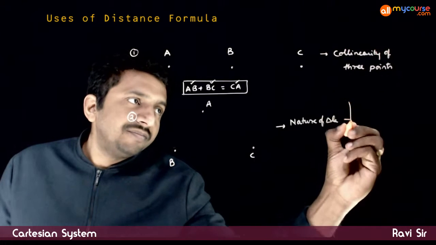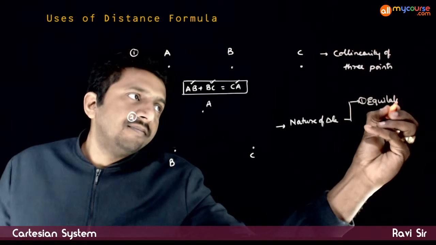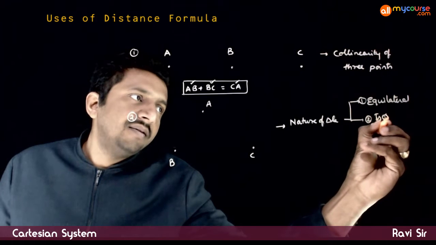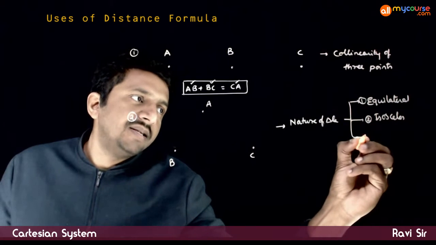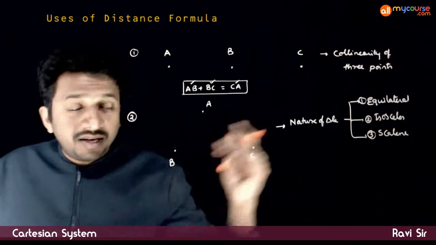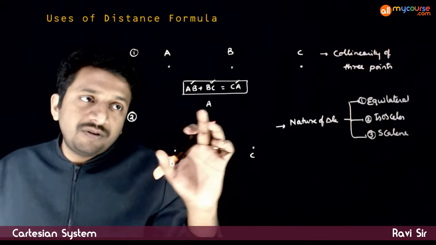For example, is it an equilateral triangle? Is it an isosceles triangle? Is it a scalene triangle? So you can determine whether it is an equilateral triangle, isosceles or scalene just by finding the distances.